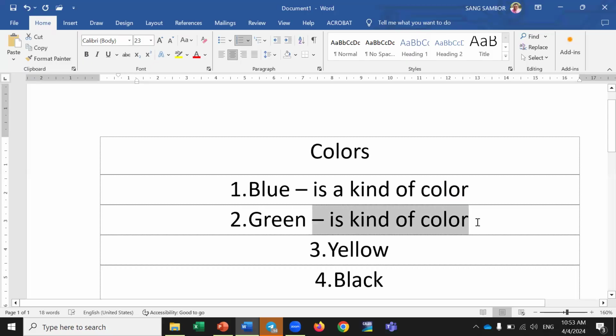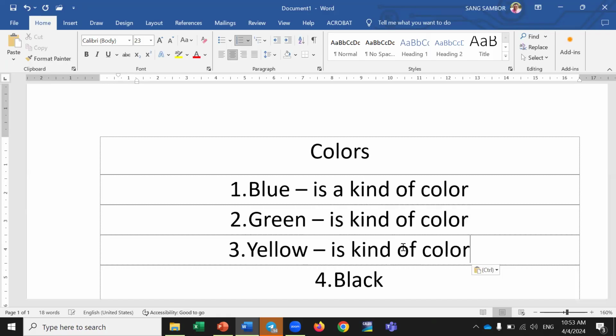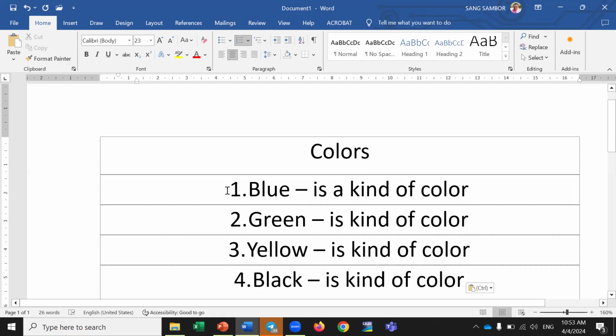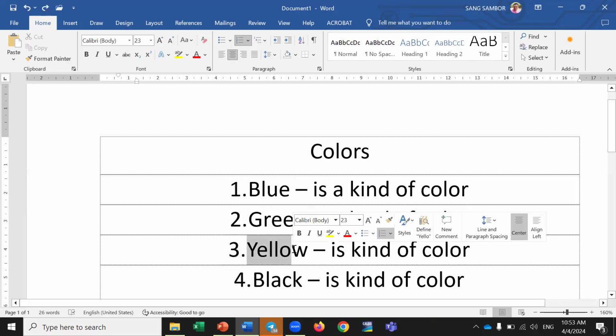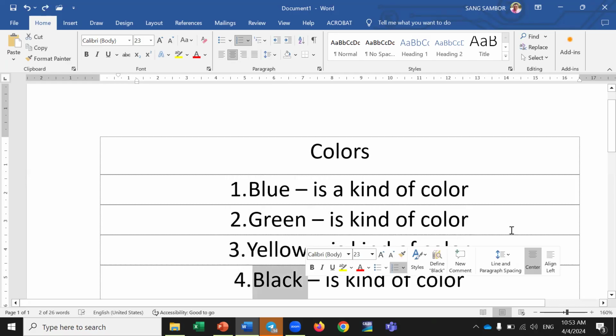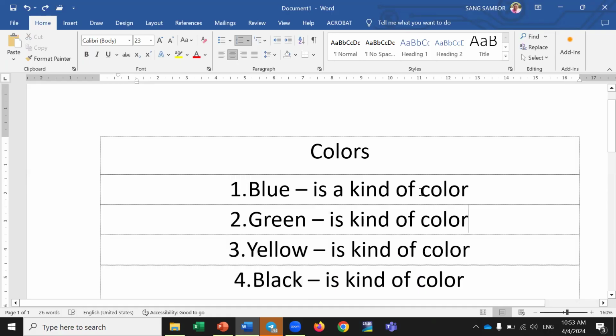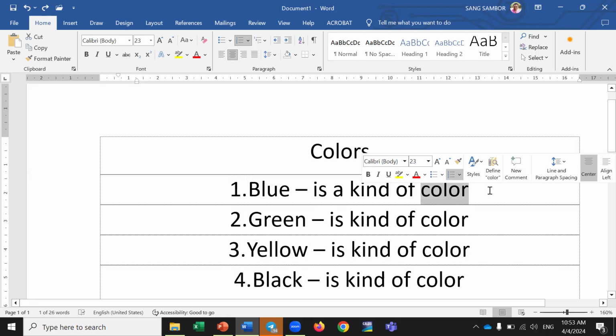Yellow is a kind of color, right? Black is a kind of color. You see the terms blue, green, yellow, black share the same superordinate, right?